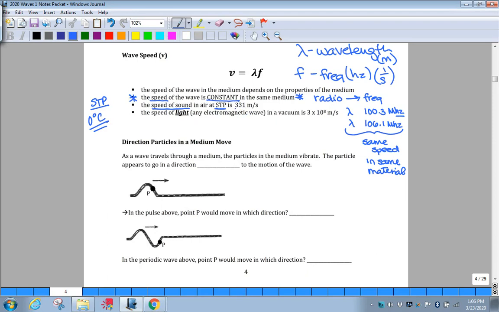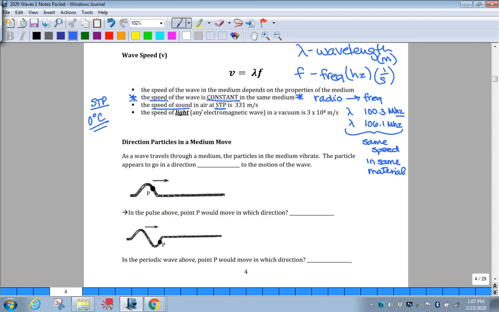But the speed of sound at STP is 331 meters per second. If the temperature is not stated, we just default to STP at 331 meters per second, and we'll need that in a lot of our calculations.